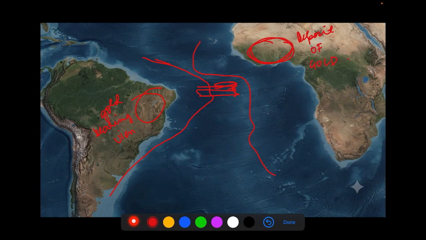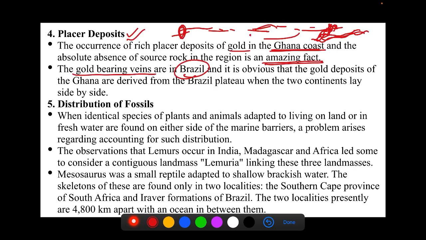So what you can conclude is that these two were together in the past, right? That is the placer deposit, and that is what Alfred Wegener is contending, that this is how the continents had shifted. We will see a major limitation of his theory in the upcoming slide.